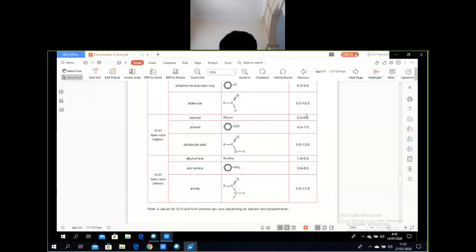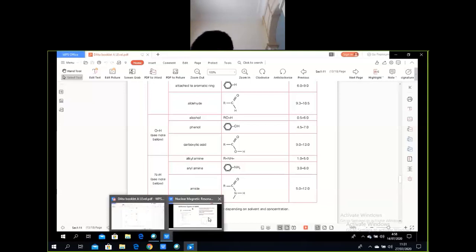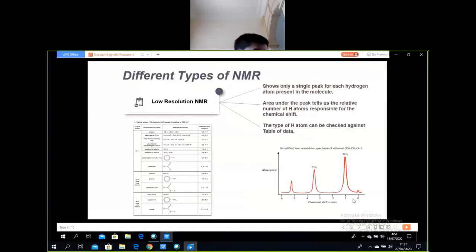Okay, so this is a very wide range. Of course, it does not make a big or huge spectrum, the spectrum is showing a little. Between 0.5 until 6, there is a chemical shift corresponding to alcohol.